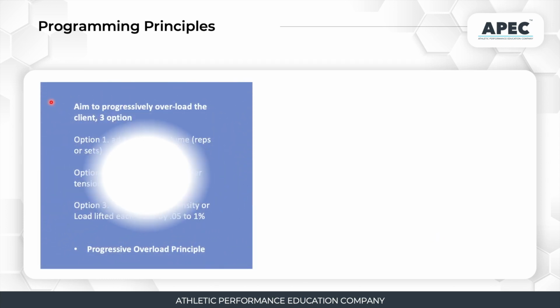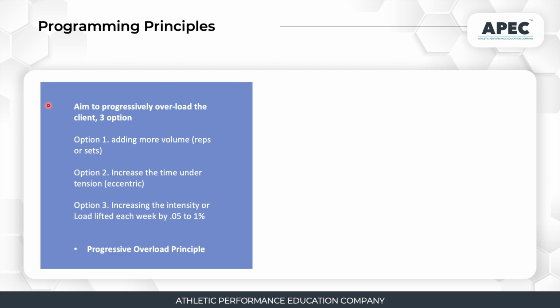Next, we have progressive overload. And there's 3 different options that we can look at when we are progressively overloading our clients within a program. Option 1 is we add more volume. And how we would achieve that is we would look at increasing the reps or sets which we are programming.